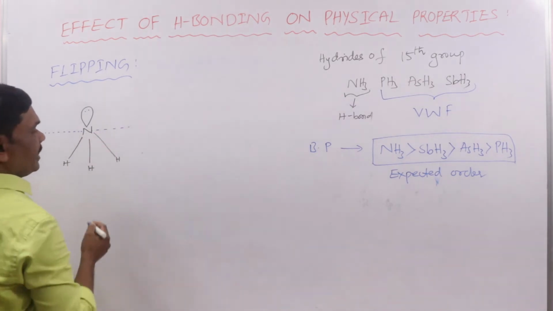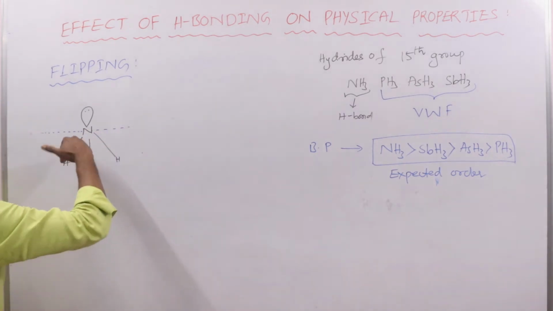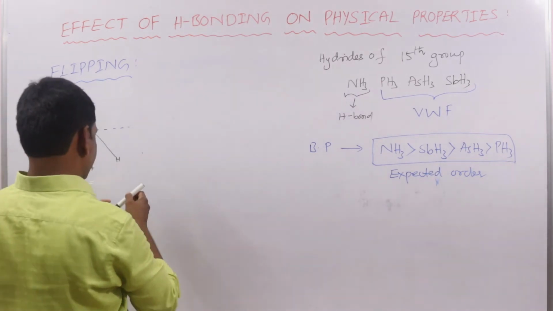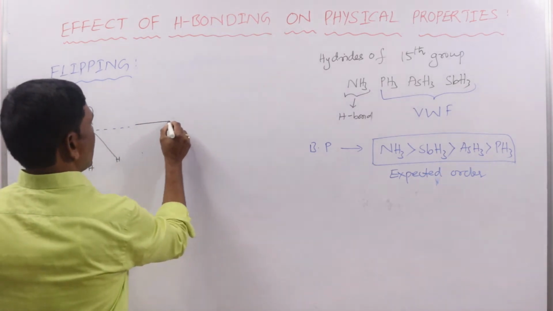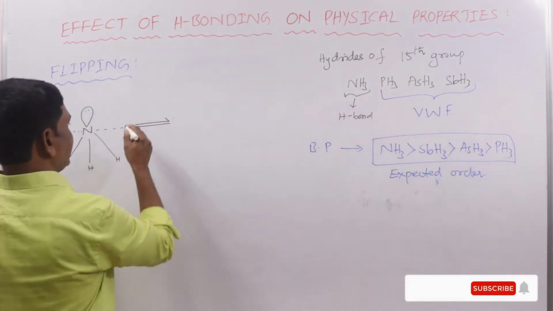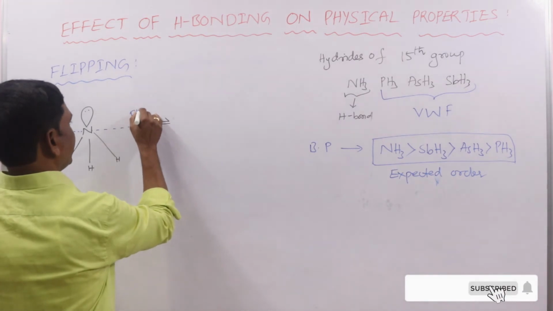If this is the plane of the molecule, flipping takes place around this plane. So after flipping of ammonia, what is happening here? Flipping.